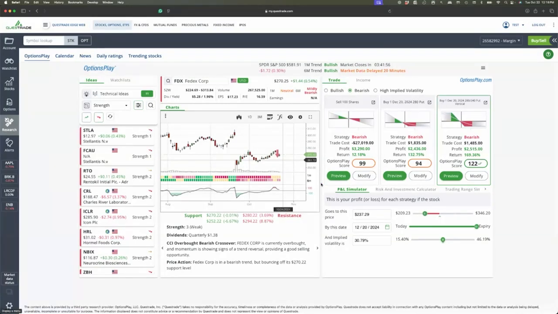And this is a prime example of utilizing options, because when you have a bullish view on a stock, you can buy the stock, you can buy a call option, you can buy different vertical spreads. But when you have a bearish view on a stock, number one, I'm not a fan of shorting the stock, simply because we all saw what happened with GameStop a couple of years ago.